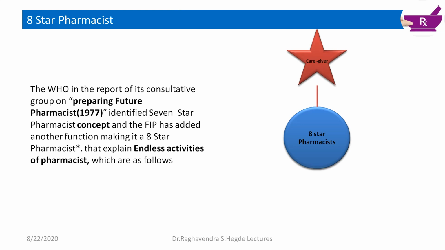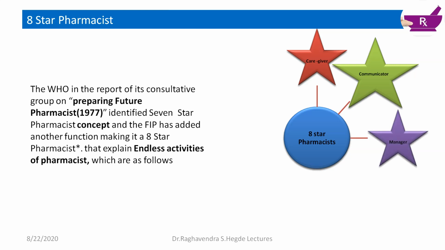The pharmacist can act as caregiver to provide caring services to an individual and the population. The pharmacist is a good communicator to establish proper linkage between the physician and the patient, closer support for prescribers, medicines and management. So he should become a good communicator.